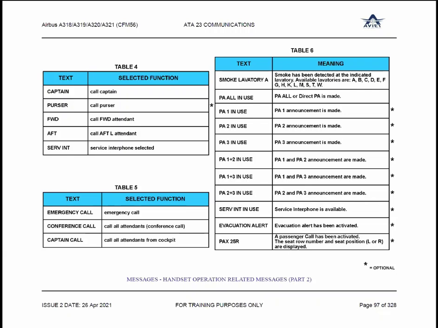Henceforth, any kind of sound, whether it is a PA, a chime, a safety briefing, a commercial, a video, or boarding music, whatever kind of audio is there, it will go through these two routes only. Number one. Second, if it is installed.